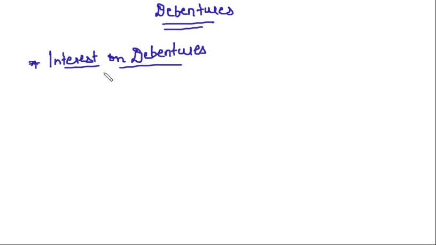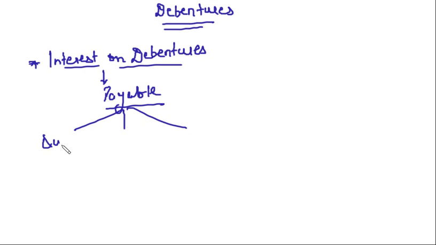See, this interest can be payable quarterly, or half yearly, that is, after every 6 months the interest is payable, or yearly.